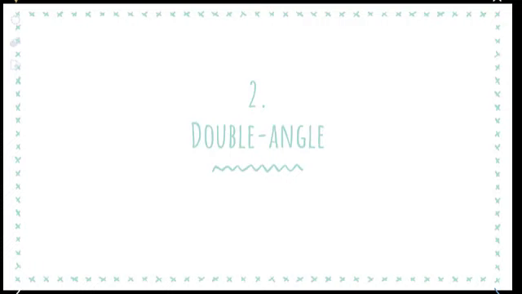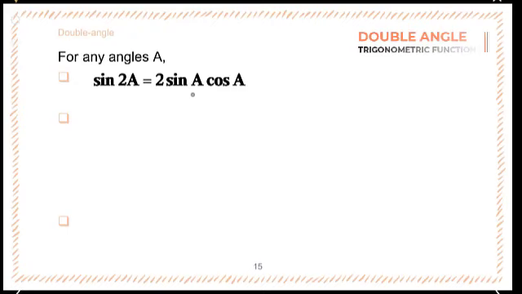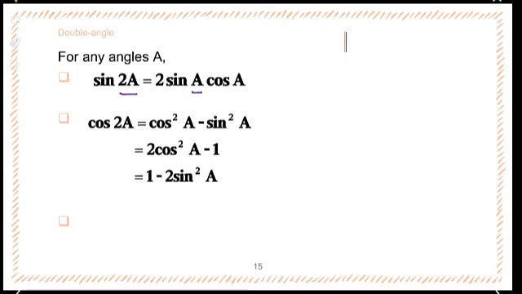Okay, so what is double angle? When we are able to state any angle A as 2A, as in sine 2A equals 2 sine A cos A, we call this the double angle formula.